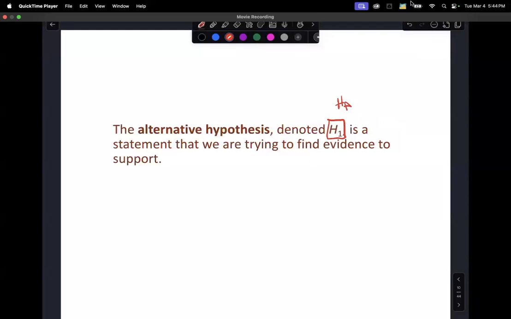That would be my alternative hypothesis. That's what I'm trying to find evidence to support. I'm trying to show that more than 13% of the bag of M&Ms is going to be red and that they're wrong. Their information is wrong. This is our alternative hypothesis. We're trying to support this.